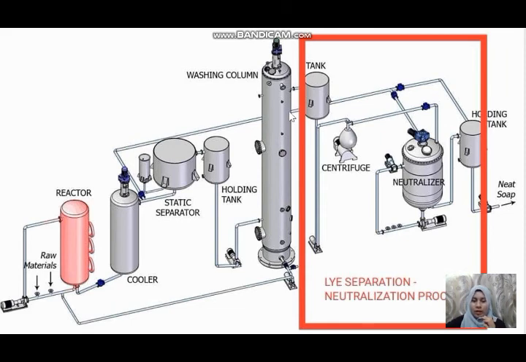So a weak acid will be added to the sodium hydroxide so that it will be suitable for toilet and laundry soap. Sodium hydroxide will be added to a weak acid such as coconut oil, which highly contains free fatty acid. And some preservatives will be added too for the process. Okay, that's all. Thank you.